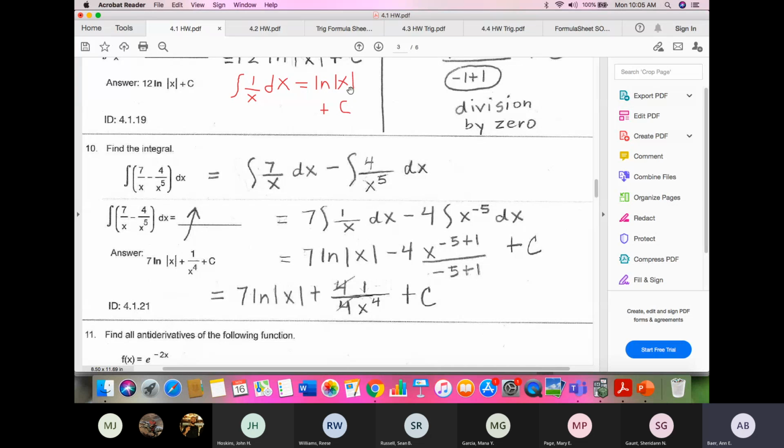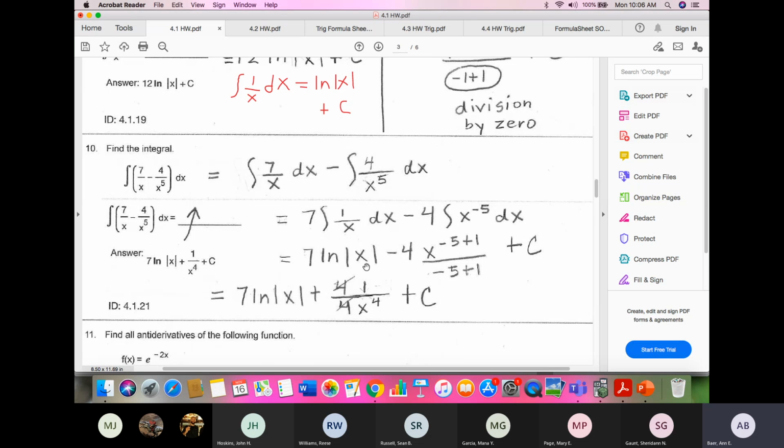The integral of 1 over x is ln of the absolute value of x. We do not add our constant of integration until the very end. So this integral of 1 over x dx is just ln of the absolute value of x.